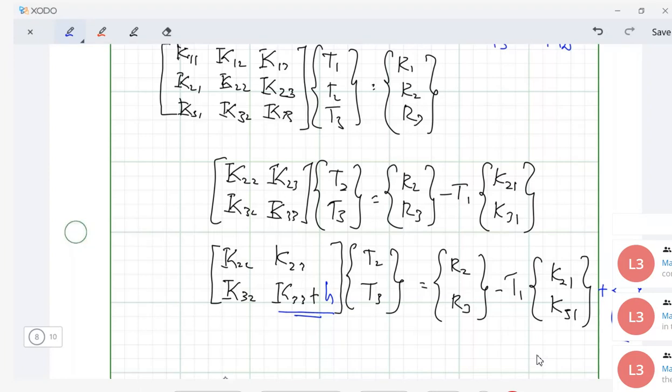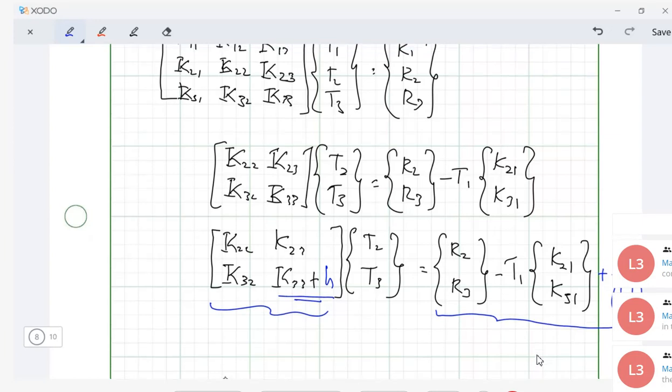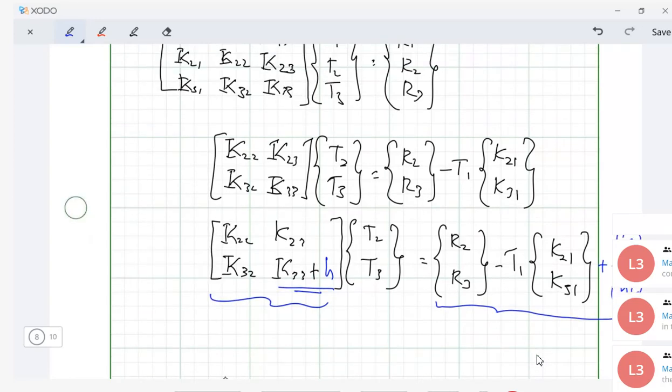R2 and R3 are known, T1 is known, K21 and K31 are also known. All these are known values. Of course, we can solve for T2 and T3. So that's the second boundary condition.